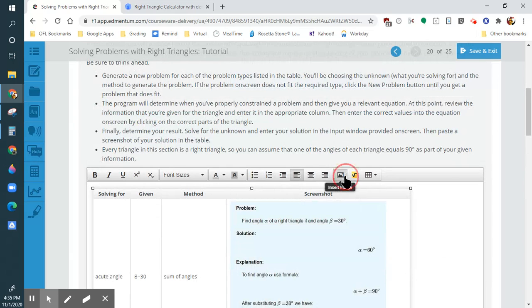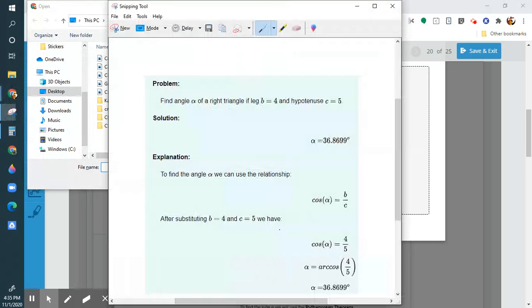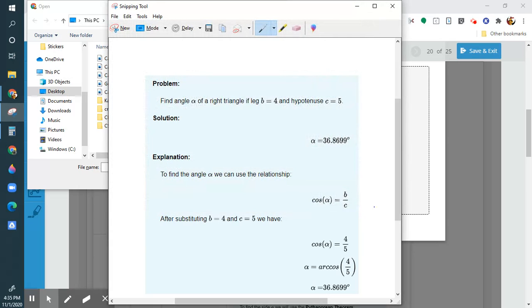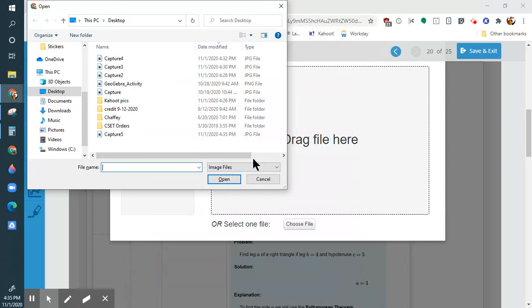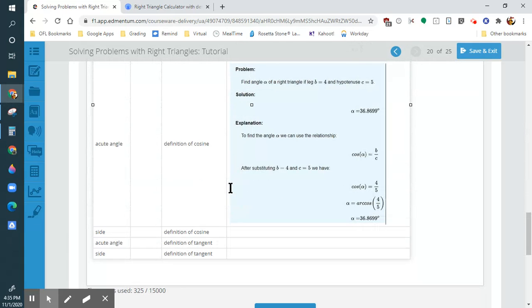Wrong one. Pictures. Did I save it? I don't think I saved it. If you need to refresh this, just click somewhere else and then click back and I'll refresh it for you. Obviously, it wasn't there the first time because I forgot to save it.